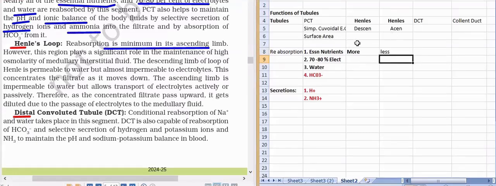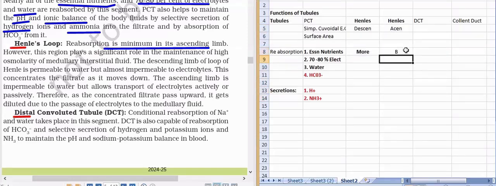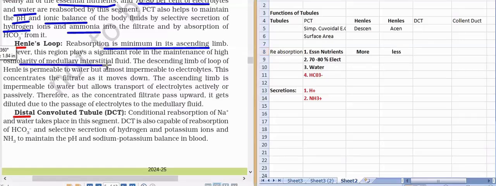So indirectly, it is more here. However, the region plays a significant role in maintenance of high osmolality. So because of this, osmolality will be maintained. So up to here, it's this concept.